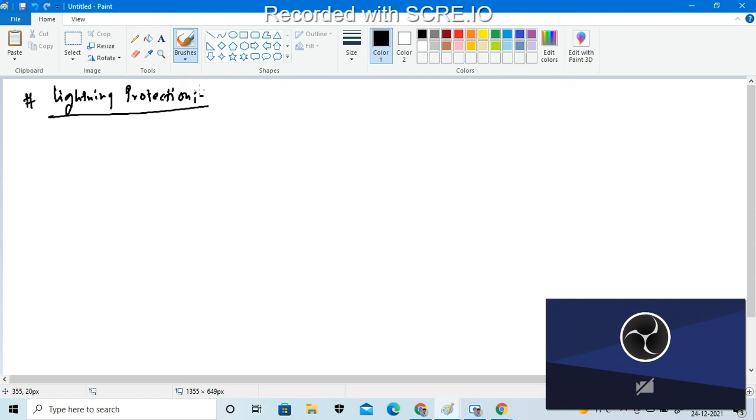So for that, we use the most commonly used devices to protect against lightning surge. One is shielding by the earthwire. Two most commonly used devices protect against lightning. So what are the two devices? Number one is shielding by earthwire, and the second device is the lightning arresters.